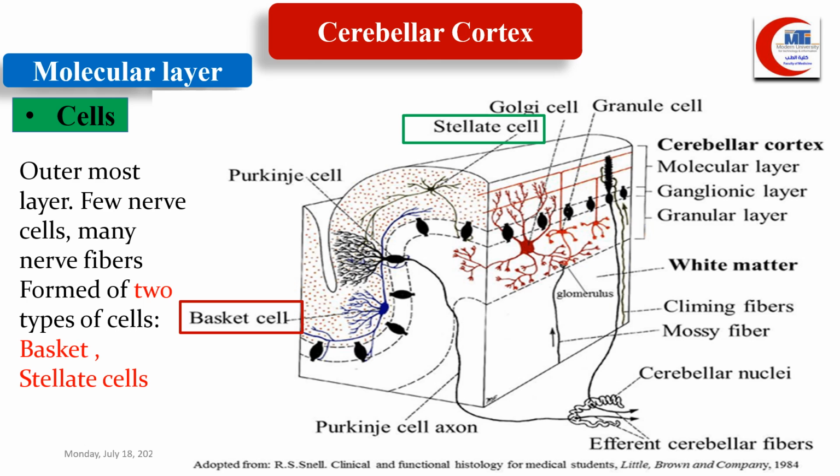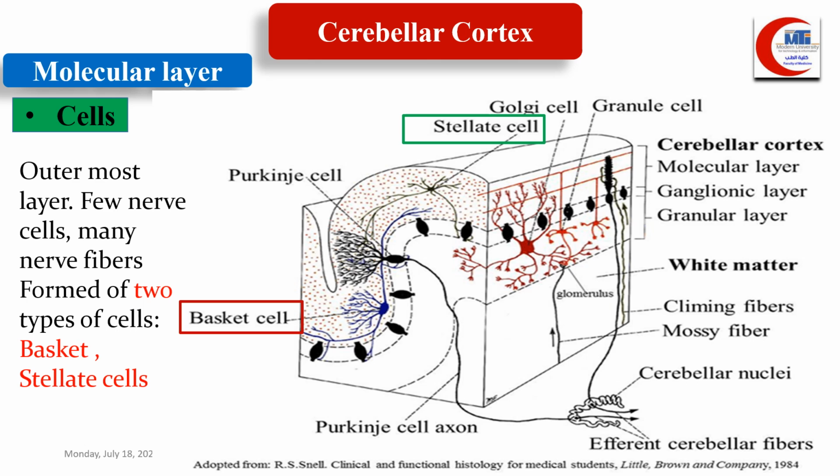What about the first one? The first layer is called the molecular layer. Do you remember what the cells present in the molecular layer are? The cells are stellate cell and basket cell. It is the outermost layer and contains few nerve cells and many nerve fibers.